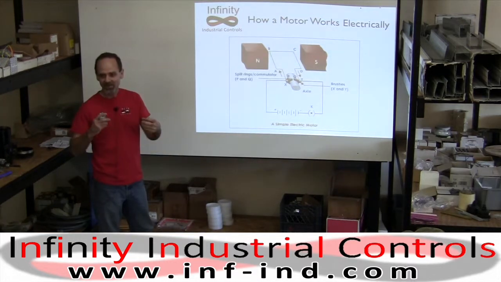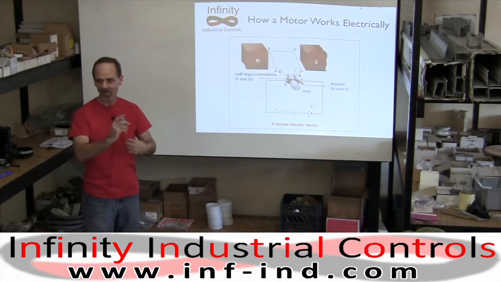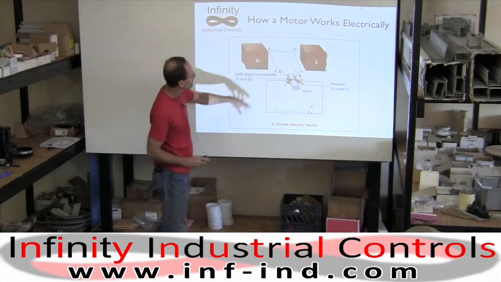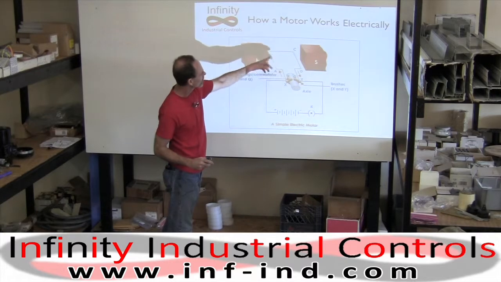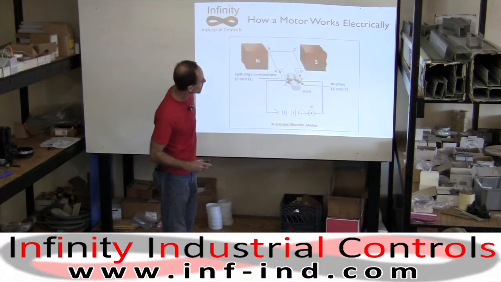You know what happens when you put like a north and a north together in a magnet? They're going to push each other apart. And same way with the south and the south. So in this case, you have a north and a south, and one will attract it and the other one's going to push it away. So it'll force motion.